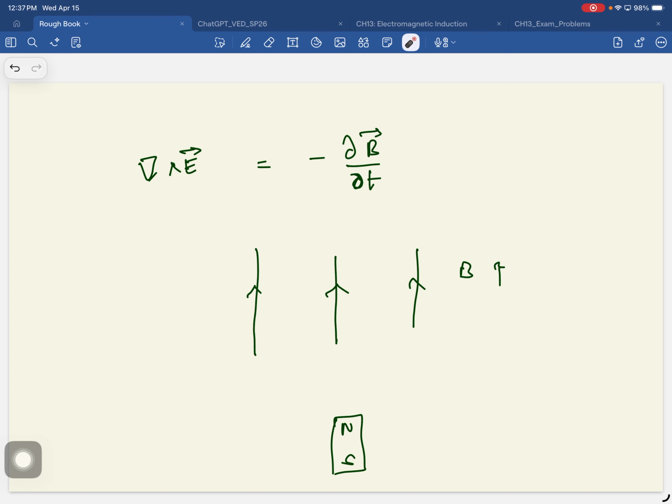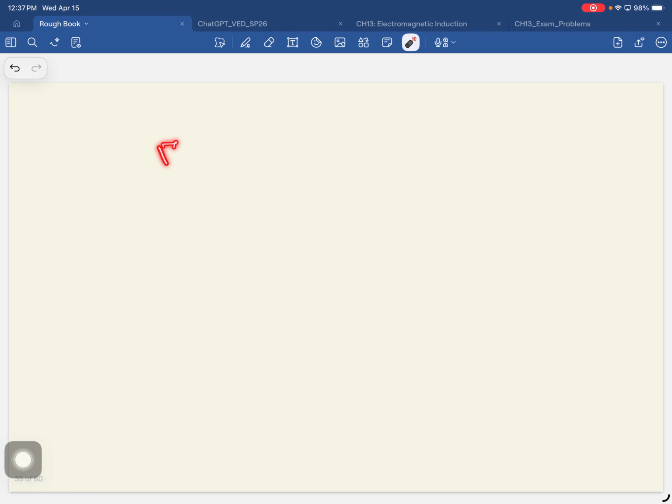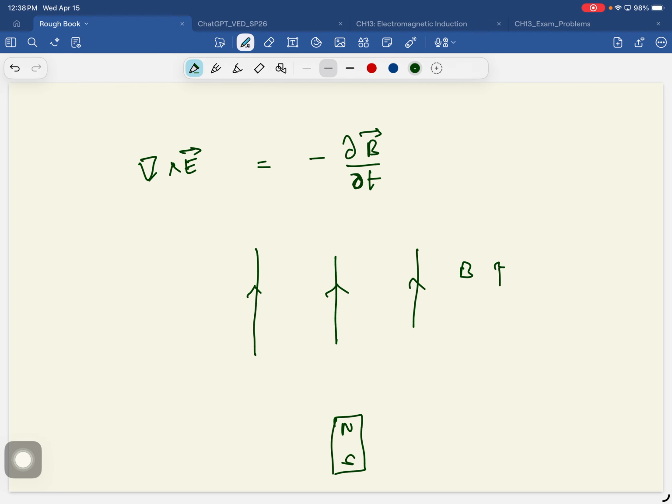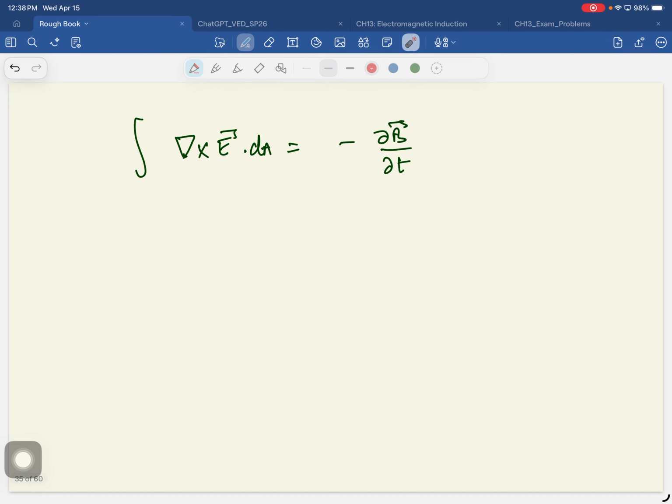All right, so from this equation, now what we'll do is, let's take a surface integral. We'll draw a surface like that, and we take the curl of the electric field dotted with this surface and take a surface integral.